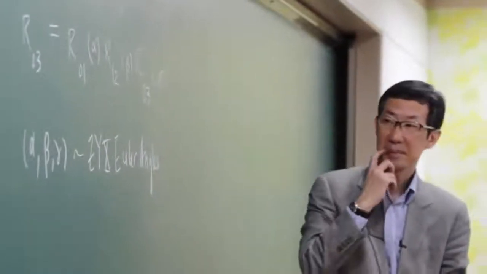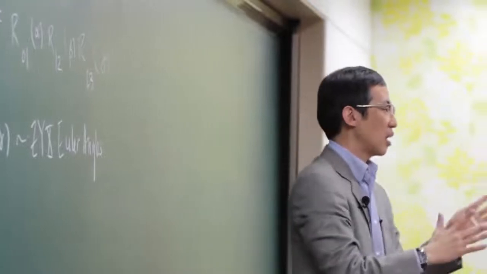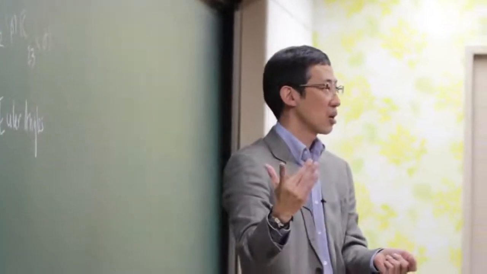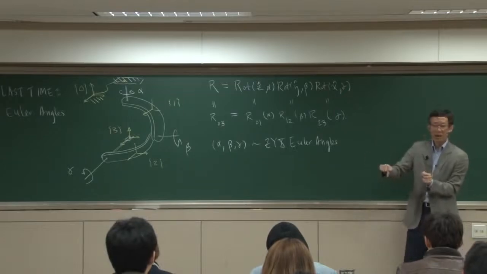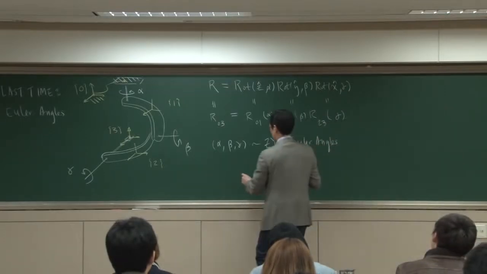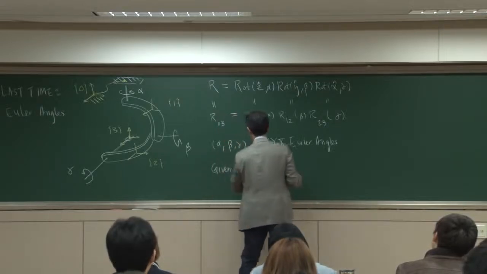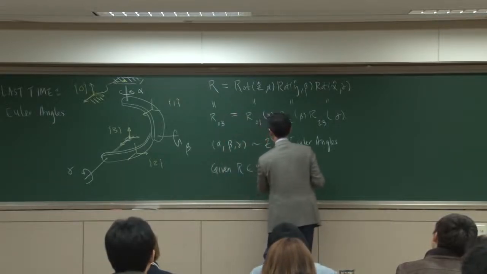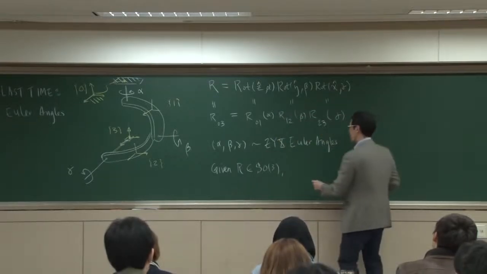So we know how to go from alpha, beta, gamma to the orientation, R. To go the other way, given R, some rotation matrix, suppose we want to find alpha, beta, gamma.